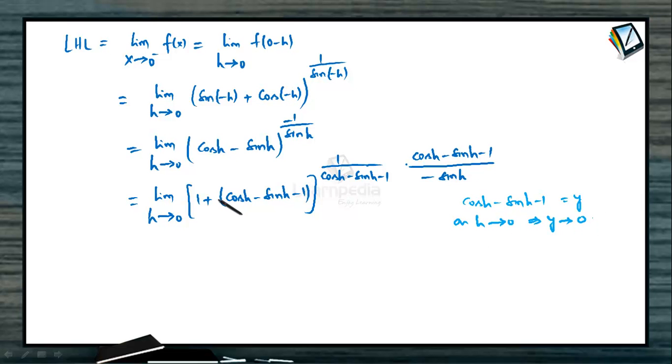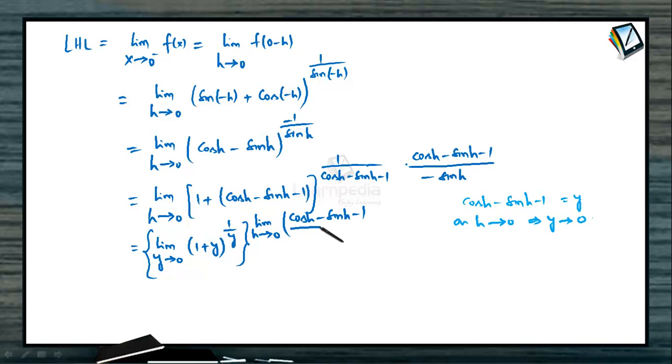And not only this, how will this limit change? Now this limit would become limit y tends to 0, (1 plus y) whole raised to the power of 1 by y, the whole thing raised to the power of limit h tends to 0, (cos h minus sine h minus 1) by minus sine h.